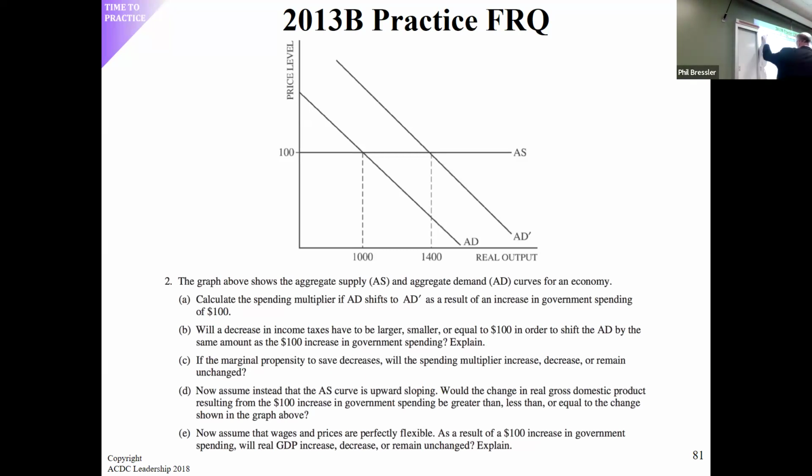A and B. You need to look at the formulas, they're in the back.